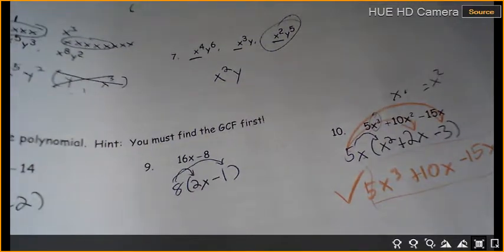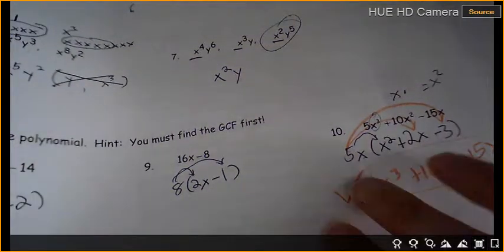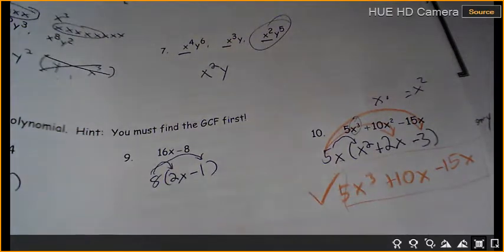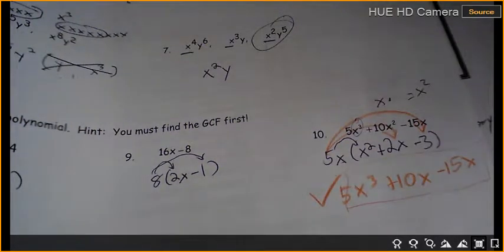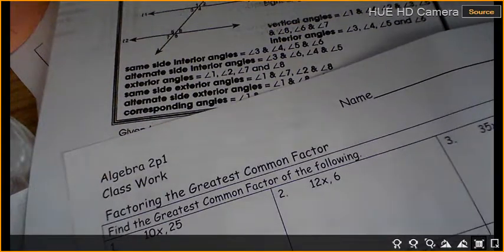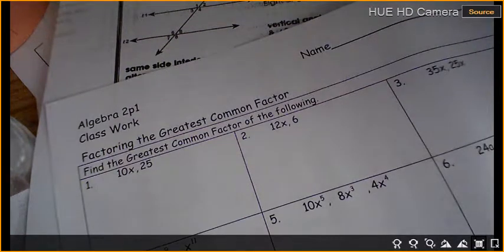All right, let's turn it over. Okay, so this is what I want you to do in class. This is your classwork. I want you to look at the back. I want to check it in before the end of the hour. You have 15 problems.